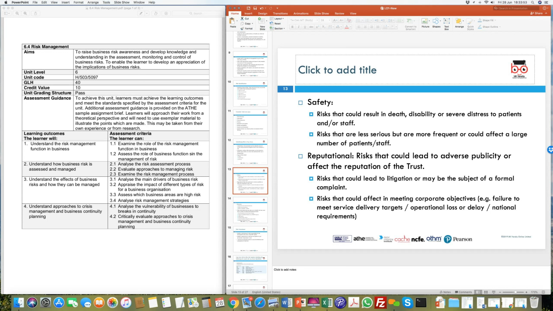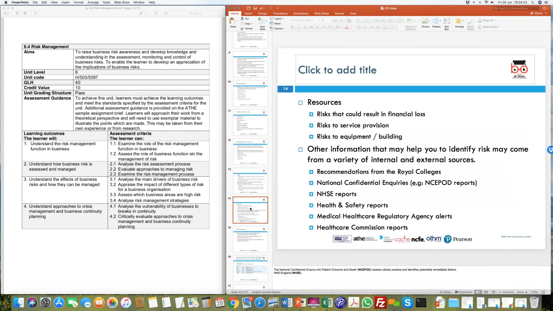That is where they put sanctions in place or restrictions on the allocation of budget, and a review then starts. This is because the trust, or maybe a large setup within the NHS, is not meeting the required objectives or targets, and that is leading to losses, delays, and obviously loss of reputation.